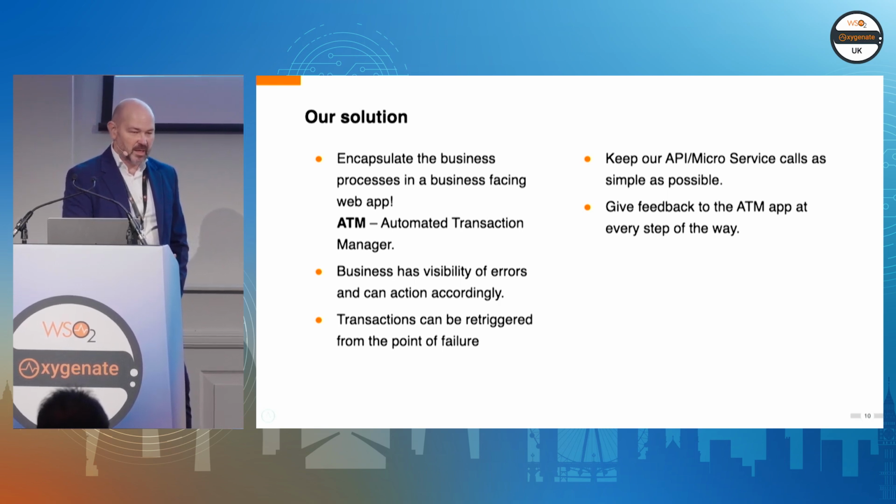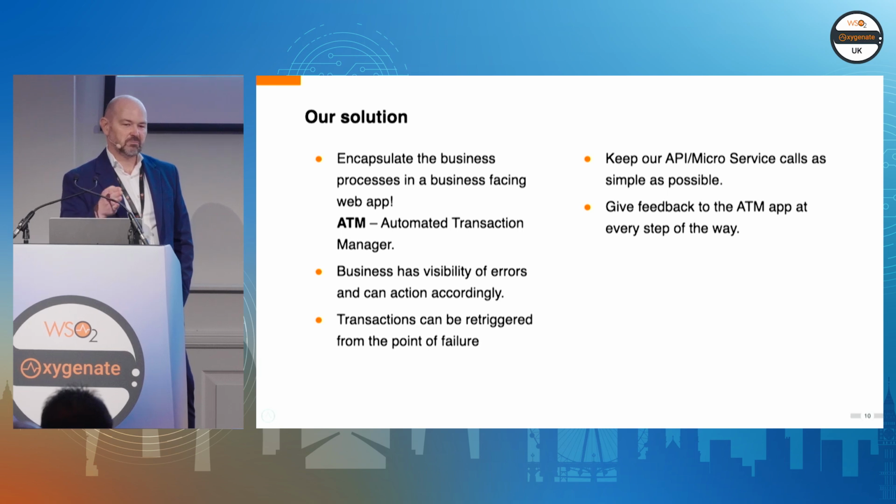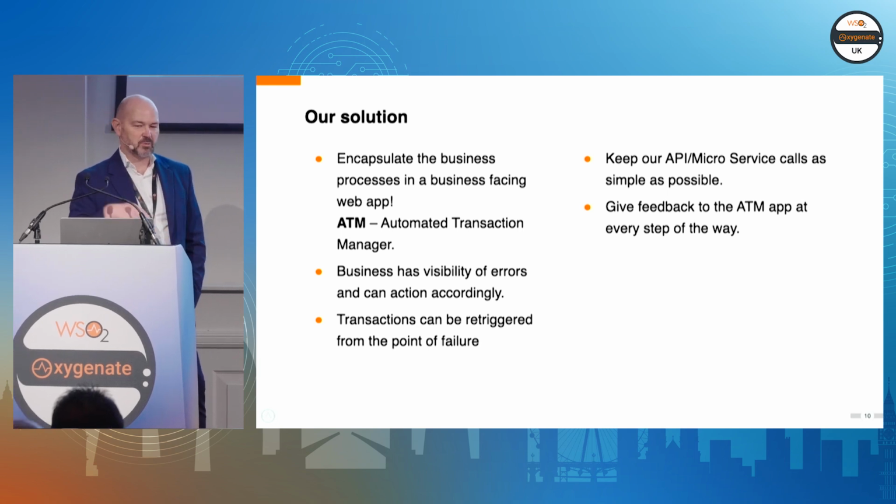It gives the business visibility of the errors at every stage. That previous slide that we had with that complicated workflow, it shows the business at every point what happens as each transaction comes in. And it will also email the business each day and say, look, file came in, we ignored so many records, we processed so many, but there's 3 or 4 that need your attention.